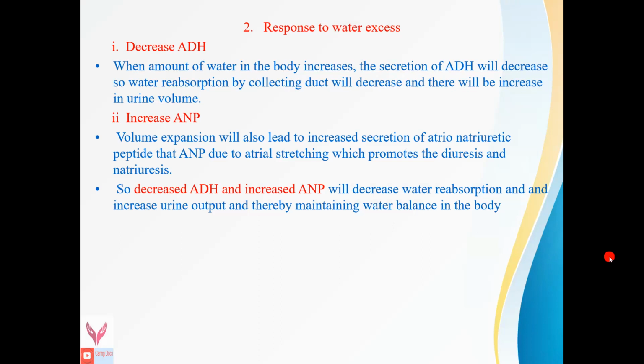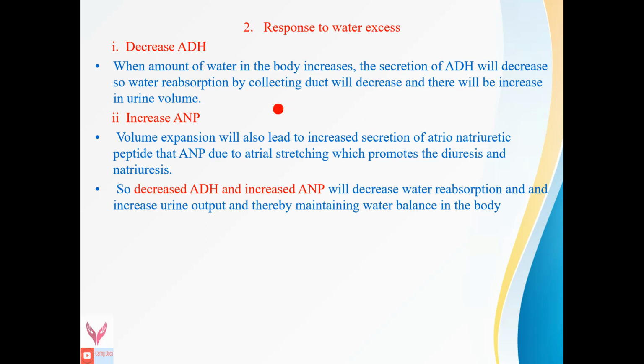What happens when there is water excess? Exactly the opposite happens. Whenever there is excess of water, or the patient is in an overloaded or hypervolemic state, there is decreased secretion of ADH, and this decreased secretion of ADH prevents the reabsorption of water by the collecting ducts, and hence there will be increased urine output.